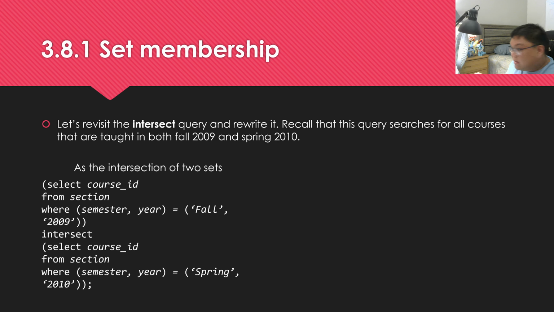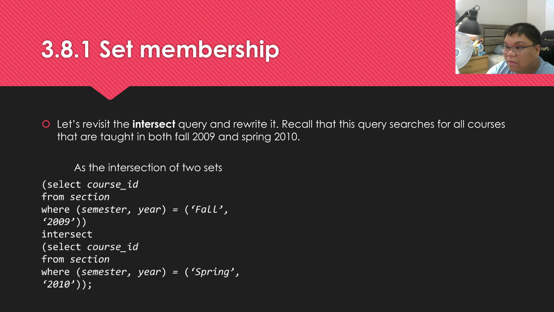So remember, we used C1 and C2 as our running examples for producing different sets that represented different class offerings, like classes that were offered exclusively in the spring, or classes that were offered in both fall and spring. Those queries that involved C1 and C2, those were the questions that those queries were answering.